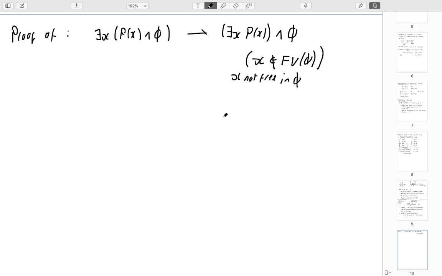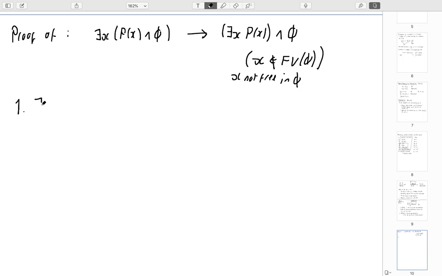Okay, so if x doesn't occur in phi, we can pull it outside the existential quantifier. Let's make that implication a bit clearer. So again, we're going to start with an assumption, which is the left-hand side of the implication.